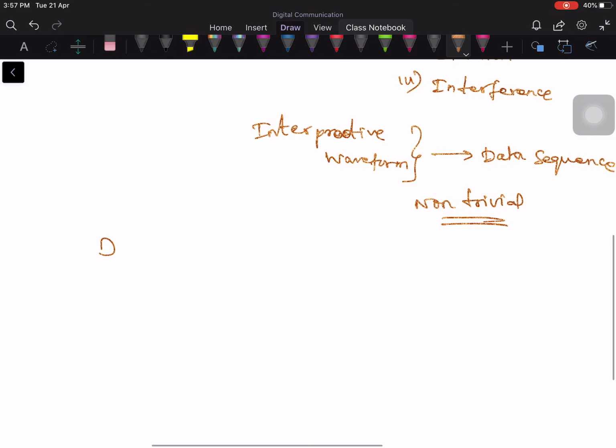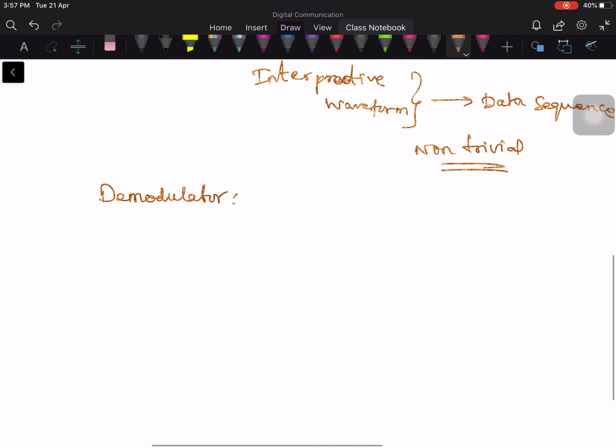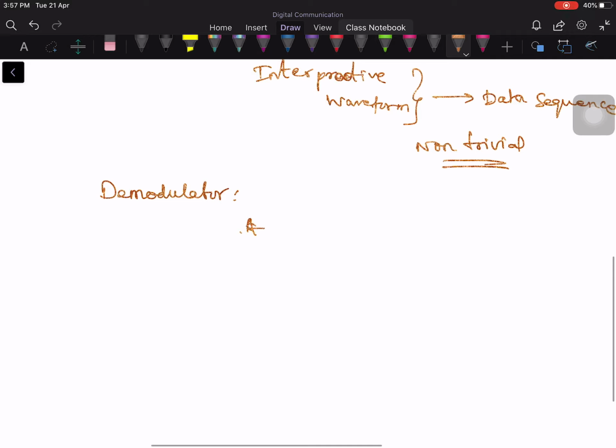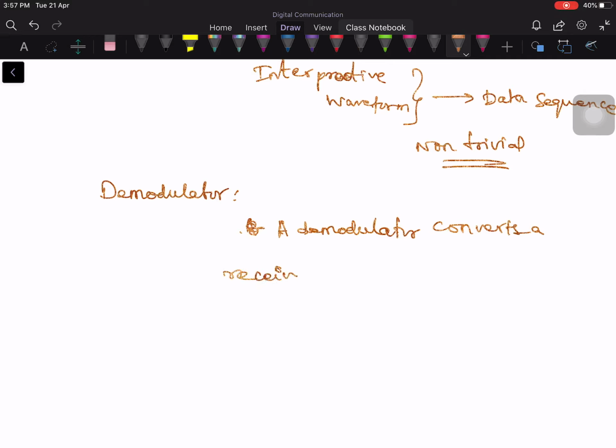So therefore, I can say a demodulator converts a received noisy waveform. Why is it a received noisy waveform?